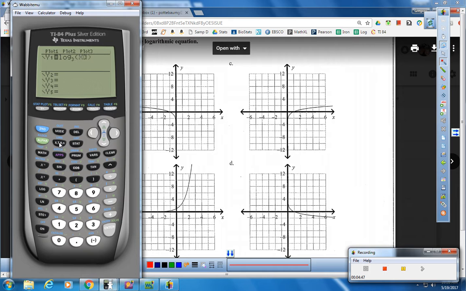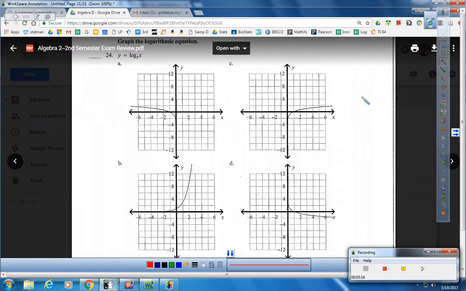Now remember, if you have the 83, you have to do log x divided by log 3. Okay? So I'll press enter. We'll graph that. And this graph looks exactly like letter C. And so that's why we're going to go ahead and choose letter C. Okay?